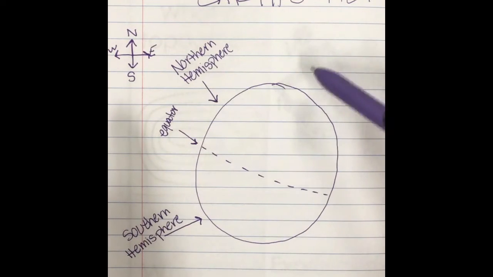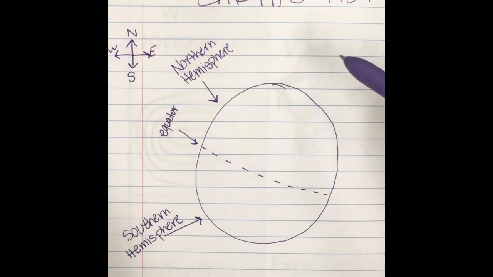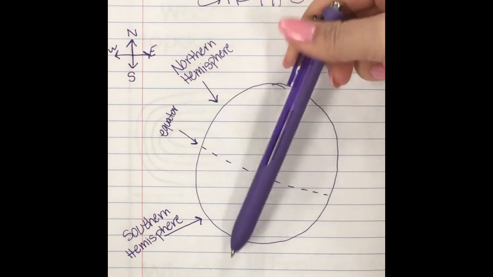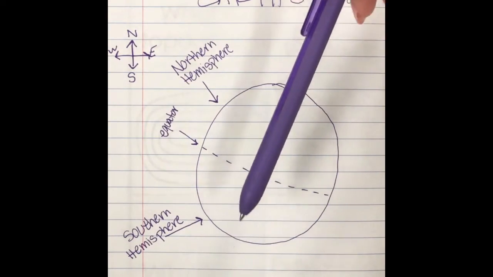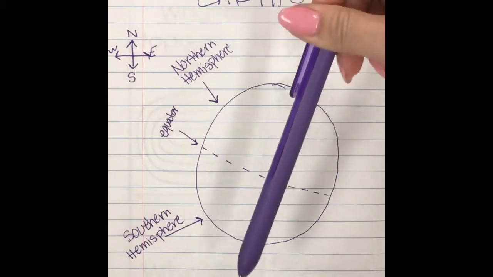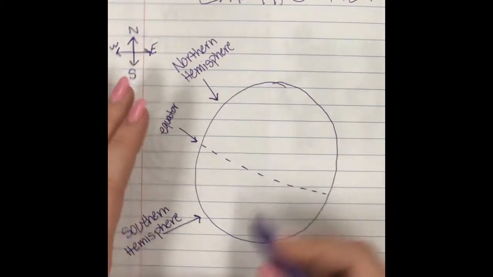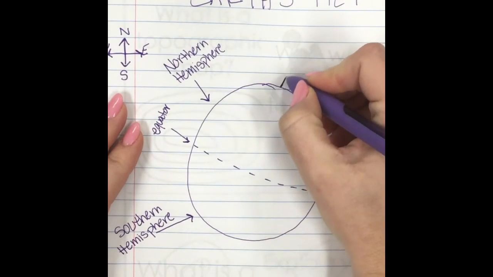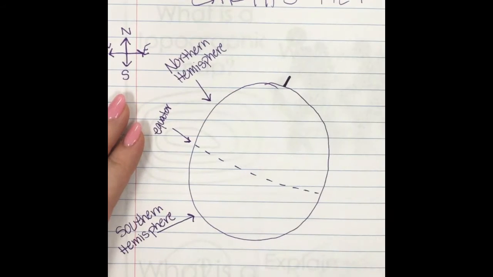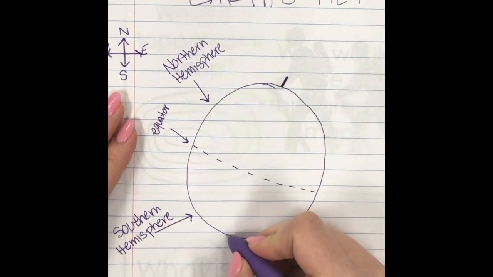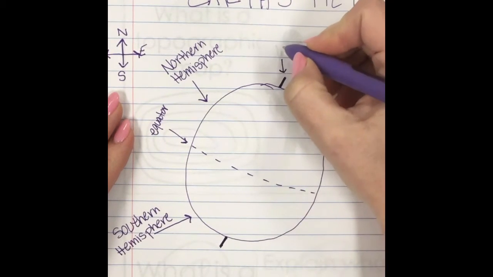Our axis is going to run north to south. So it's almost like if you took the Earth and you put a skewer in it, like you were going to grill it. The axis starts at the North Pole and ends at the South Pole. So I'm just going to draw these little lines right here. This would be the northern part of my axis, and here's the southern part of my axis.